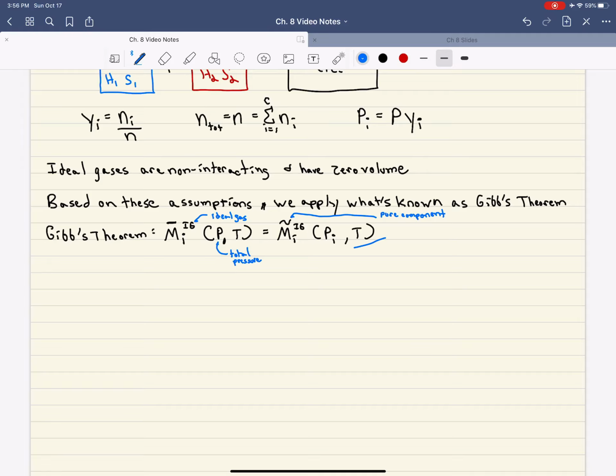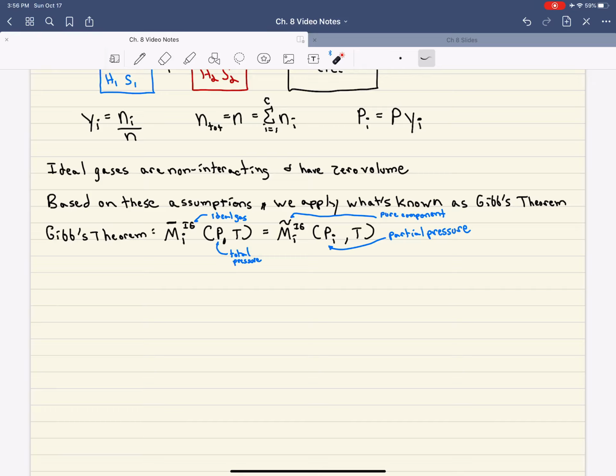And this Pi, once again, is partial pressure. So Gibbs theorem says that if you have a chemical species in a mixture, its partial molar property within that mixture is going to be equal to its molar property for the pure component at its initial partial pressure, before you start mixing things together.